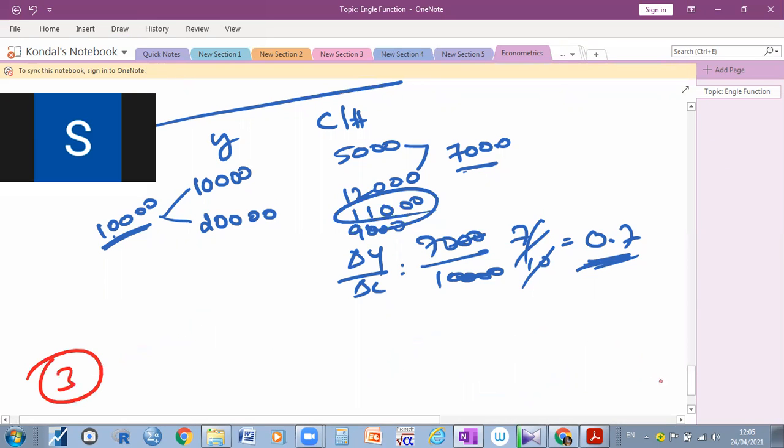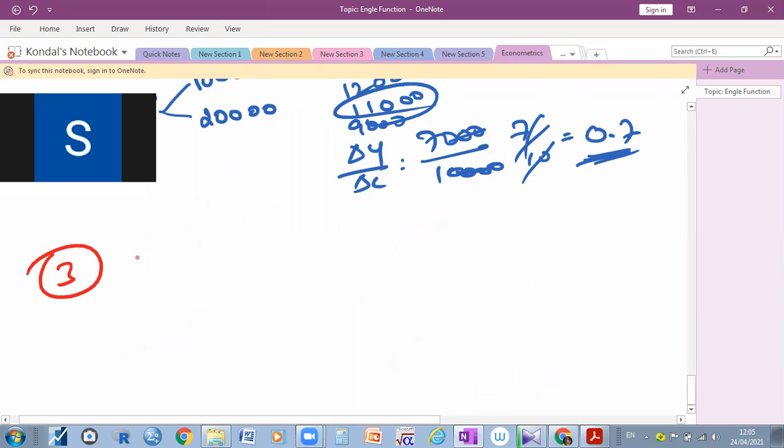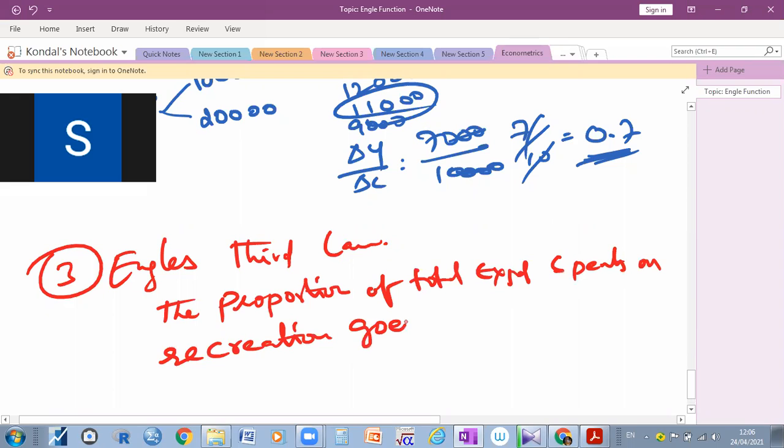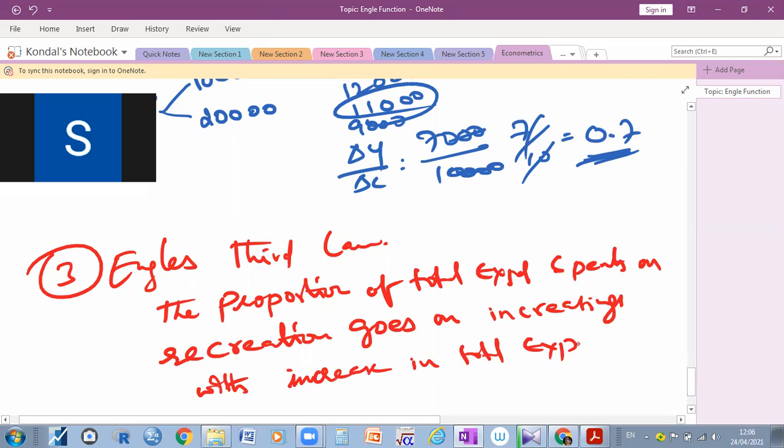Then the third law. According to Engel's third law, the proportion of total expenditure spent on recreations goes on increasing with the increase in total expenditure.